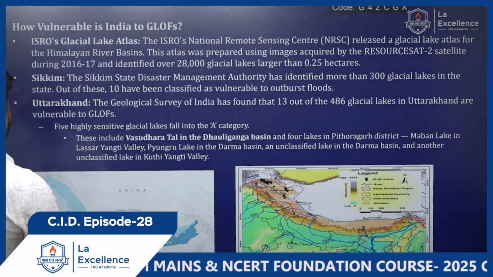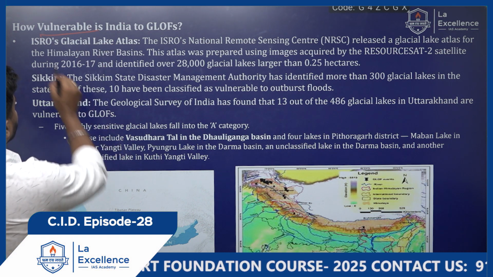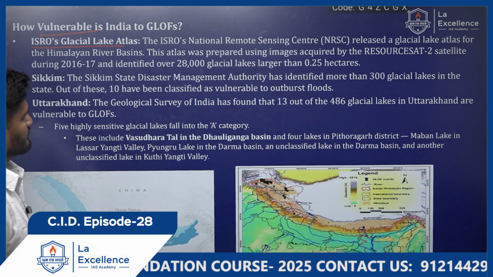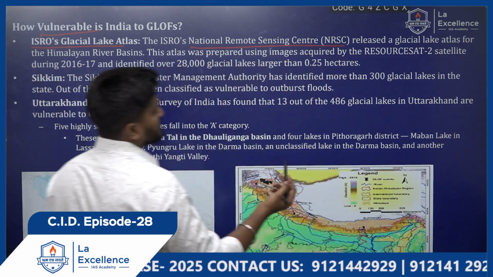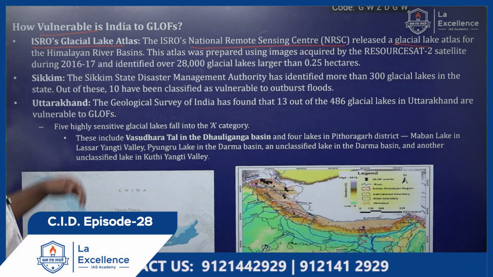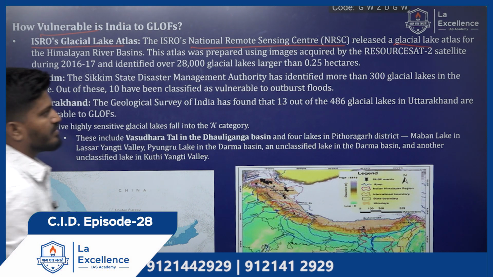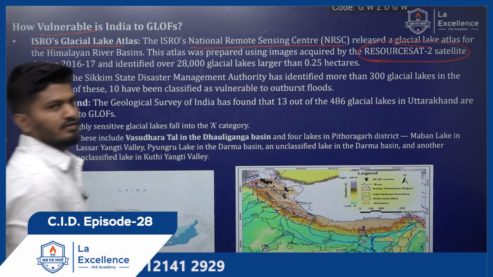Vulnerability mapping has already been done by ISRO. ISRO's National Remote Sensing Centre has released the Glacial Lake Atlas of the Himalayan river basins. The atlas was prepared using images from the Resourcesat-2 satellite, which was launched by ISRO.